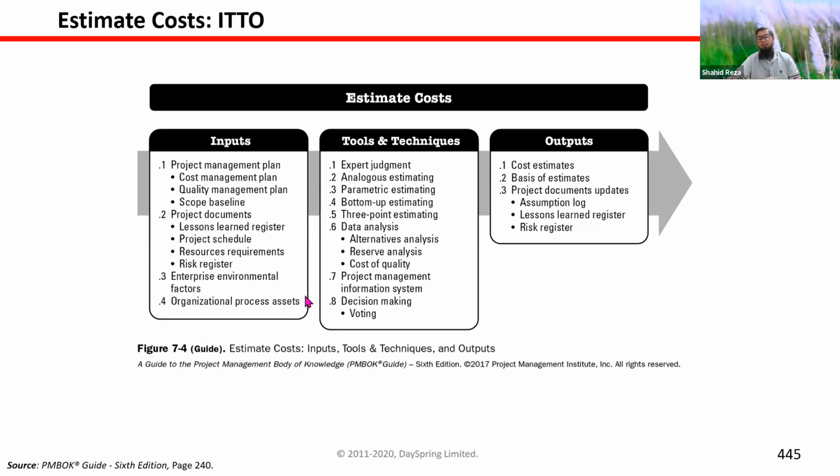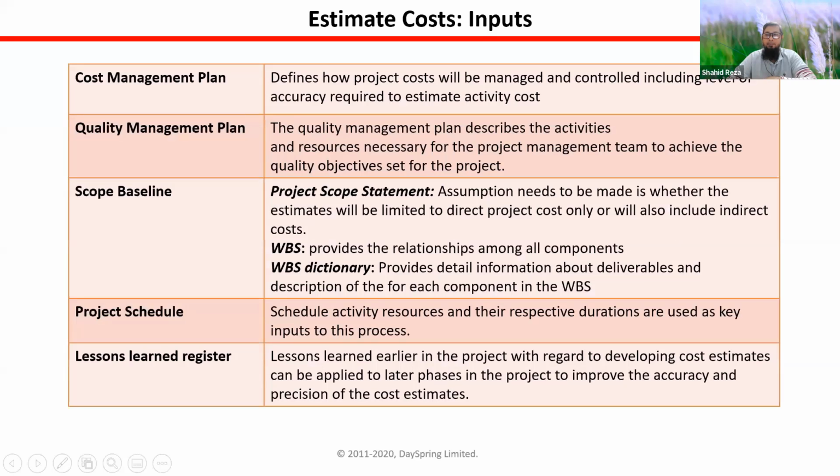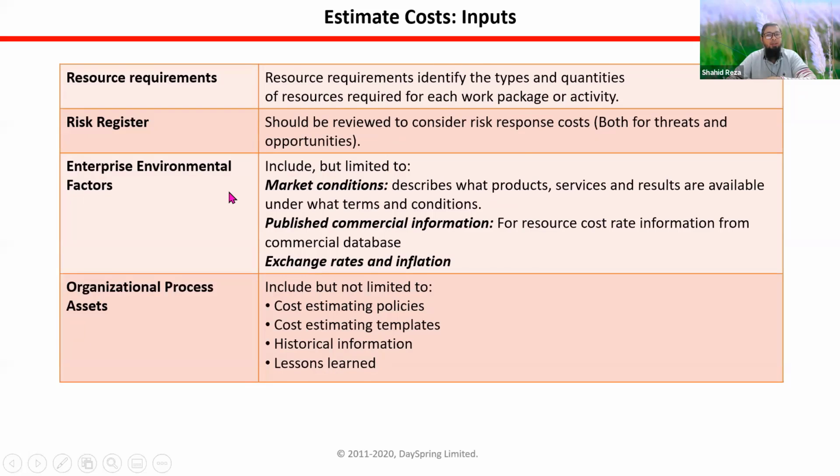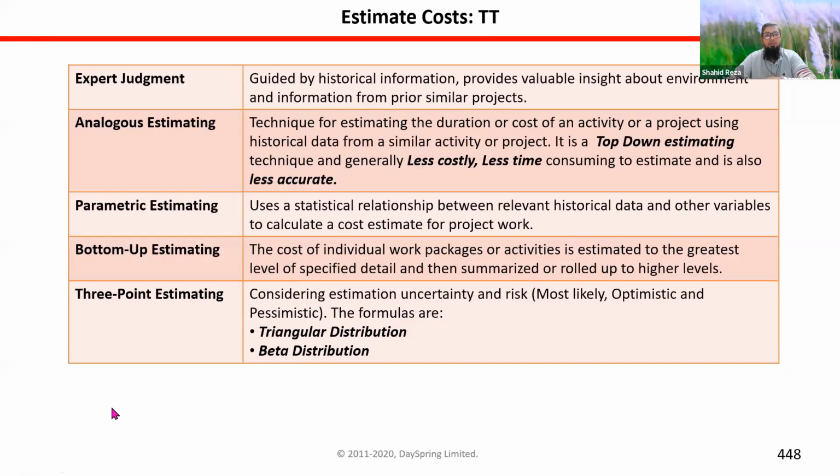In the later slides, you will see details of all this that I discuss here: details of inputs and details of tools and techniques. TT means tools and techniques: analogous estimating, parametric, bottom-up, three-point estimate. And also remember triangular distribution.